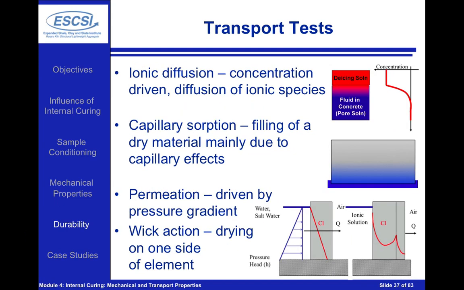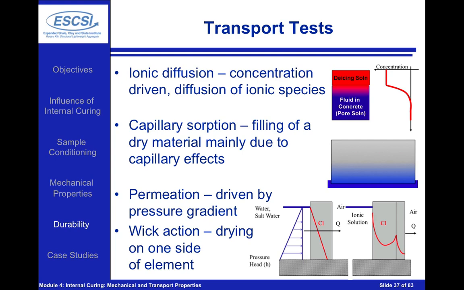Now, as we start to talk about the transport of different species or the transport of fluids through the concrete, it's important that we look at the words that we're going to use to describe the different mechanisms. So here we've really talked about 3 or 4 of the main mechanisms that happen inside of the concrete to allow fluids or ionic species to move from one side to the other. At the top here we'll see ionic diffusion, and this is really set up by a concentration difference inside of our samples.